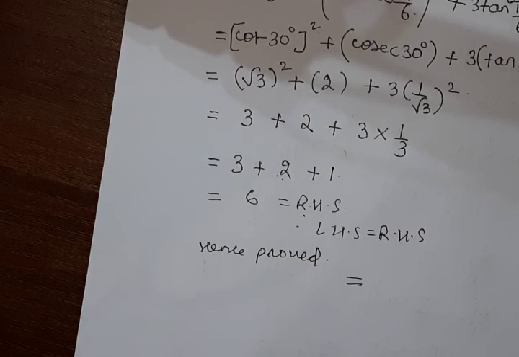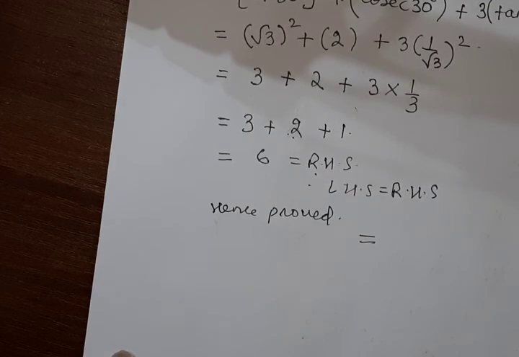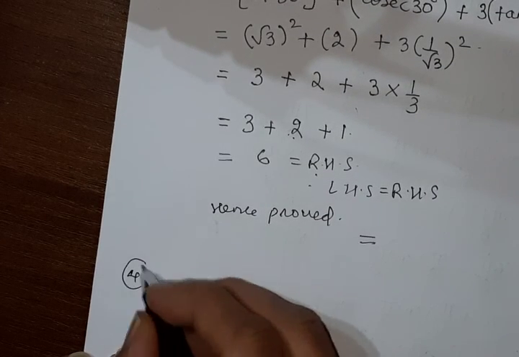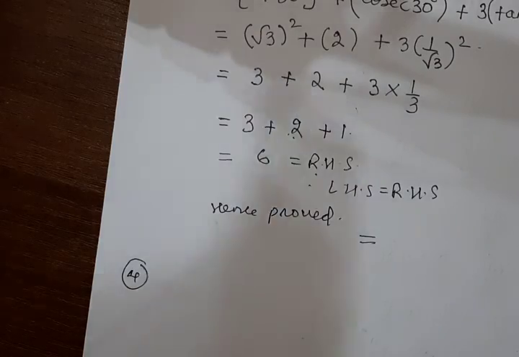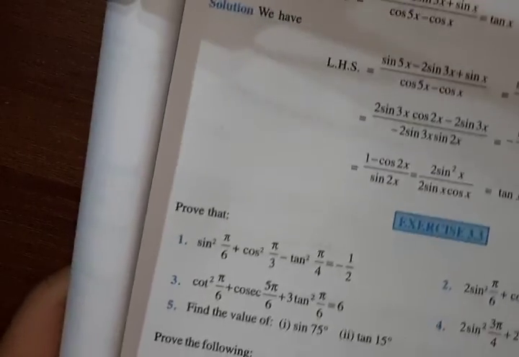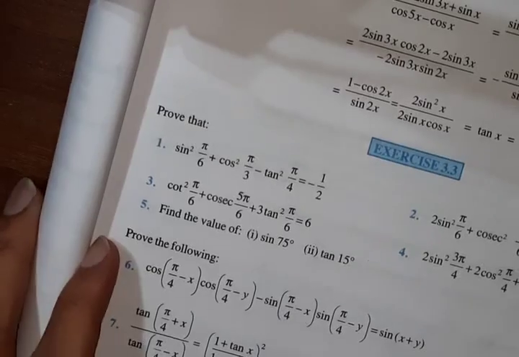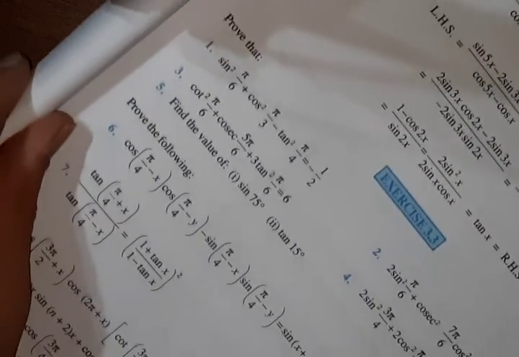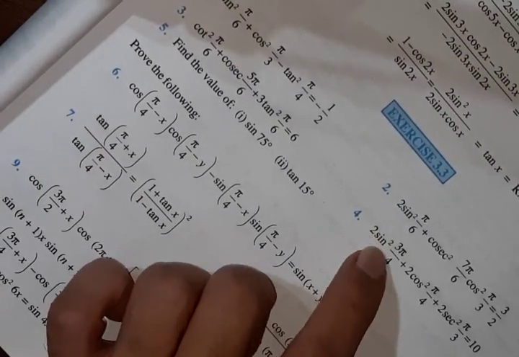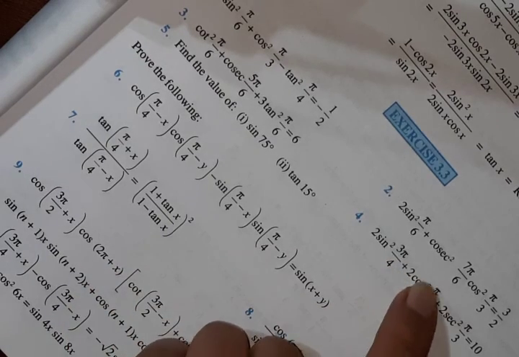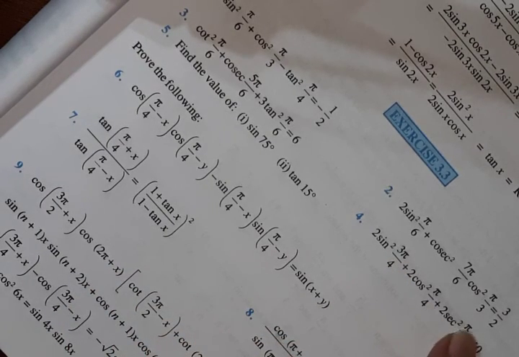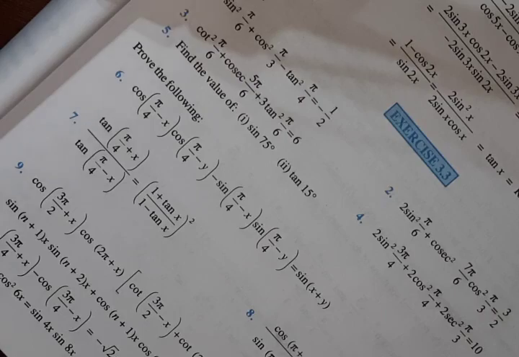Now let us go to the fourth problem. The fourth problem is what? You have this: 2 sine square 3 pi by 4 plus 2 cos square pi by 4 plus 2 sec square pi by 3 is equal to 10.